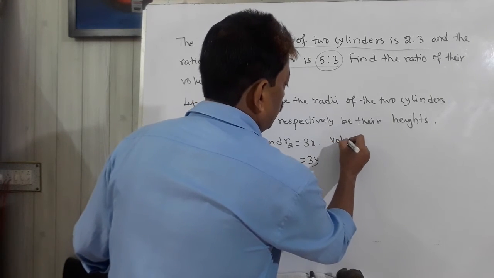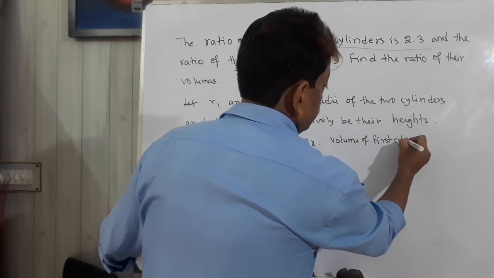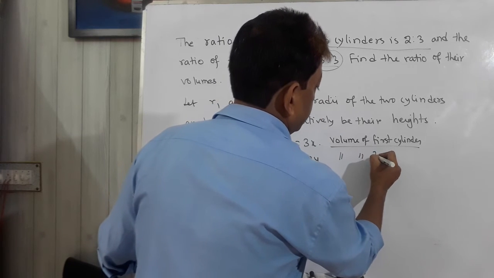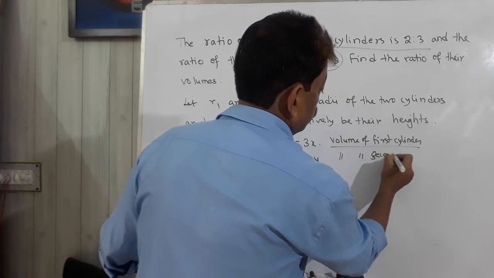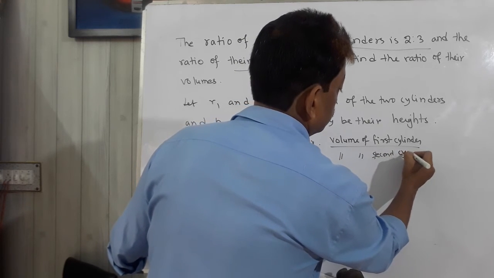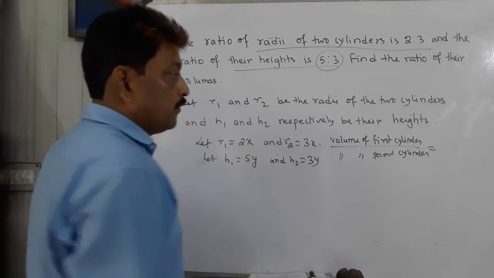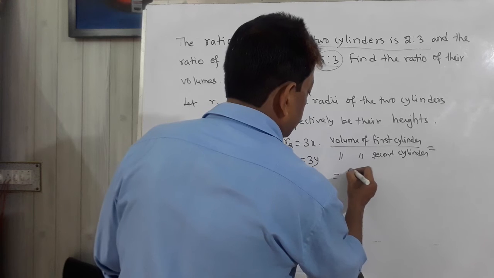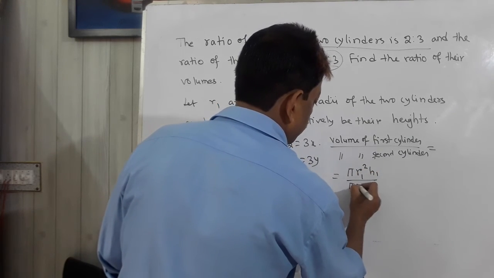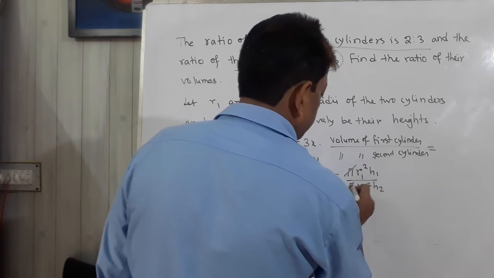Okay. Now the ratio of their volumes. So volume of first cylinder by volume of second cylinder equals pi R1 square H1 upon pi R2 square H2. So this pi will be cancelled.